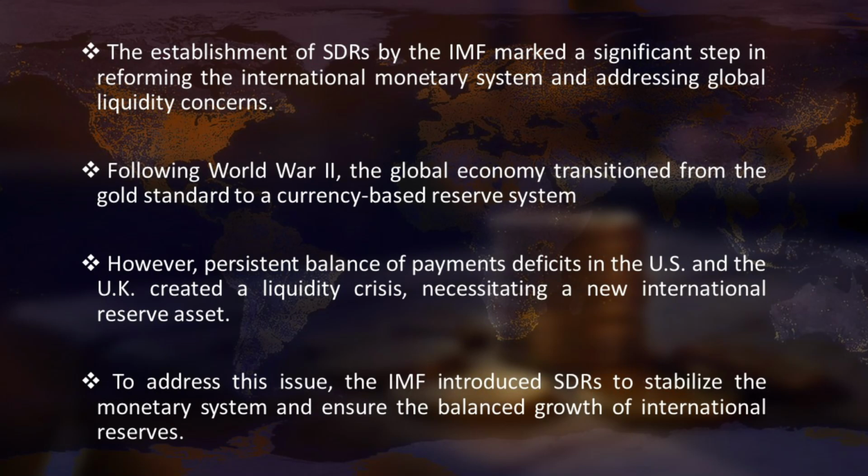However, the persistent balance of payment deficit in the US and the UK created a global liquidity crisis, necessitating a new international reserve asset. So to address this issue, the IMF introduced special drawing rights to stabilize the monetary system and to ensure balanced growth of international reserves.